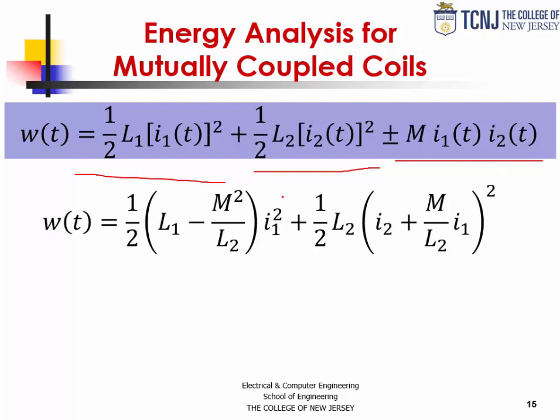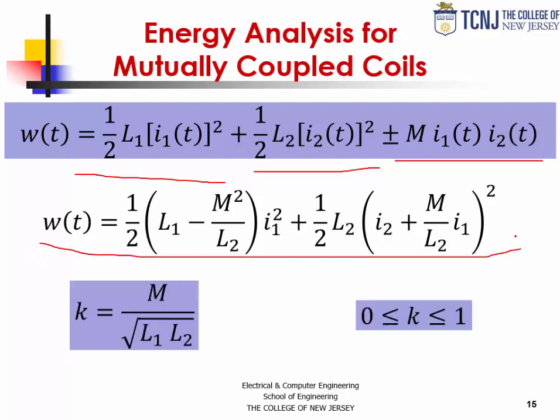Another way of writing the equation above after some manipulation is this, where we can define a constant K, which is the ratio of the mutual inductance to the geometric mean of the inductances of the primary and the secondary, where that K term is going to be between 0 and 1 inclusive.